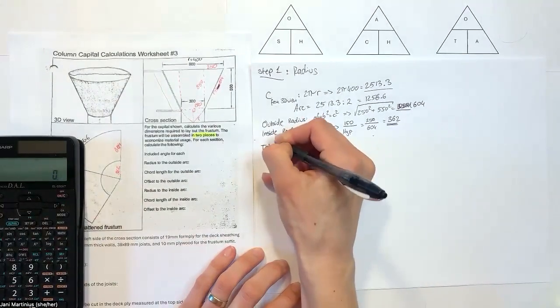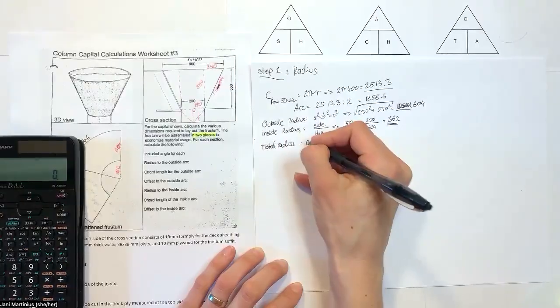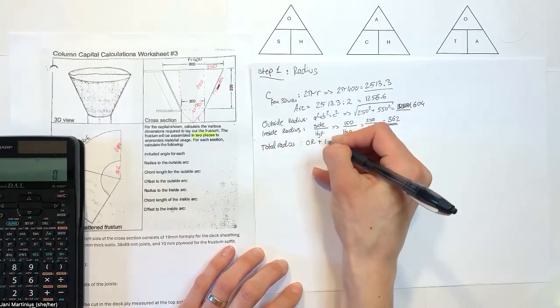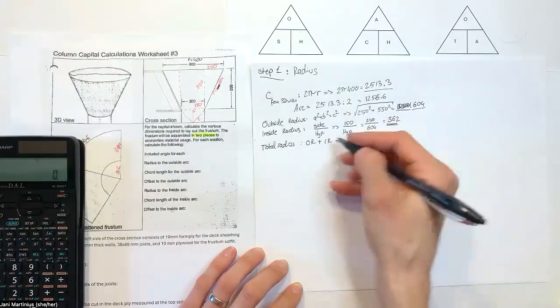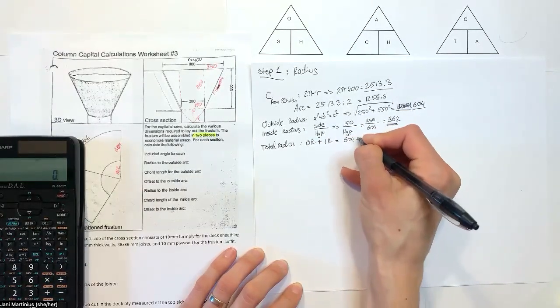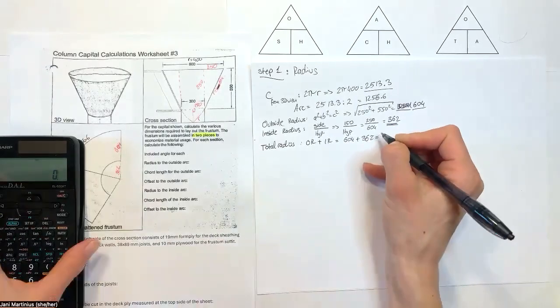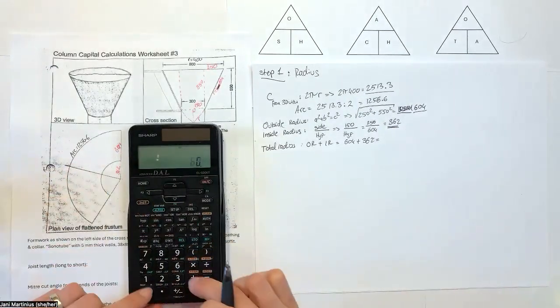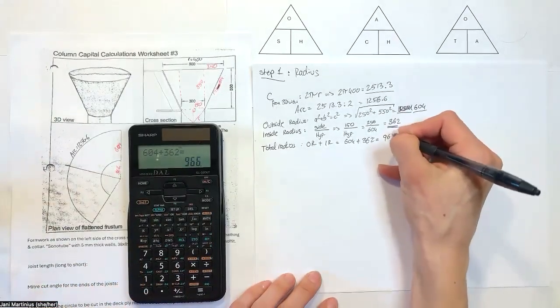Of course we can. Total radius is our outside radius plus our inside radius. Right, outside radius up here, 604, plus our inside radius, just figured that out, 362. 604 plus 362, 966.